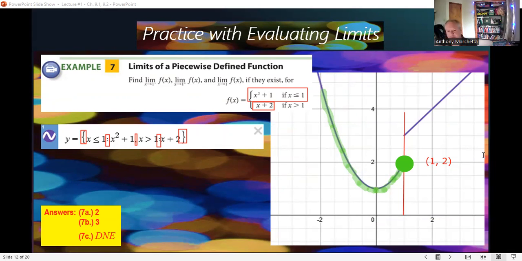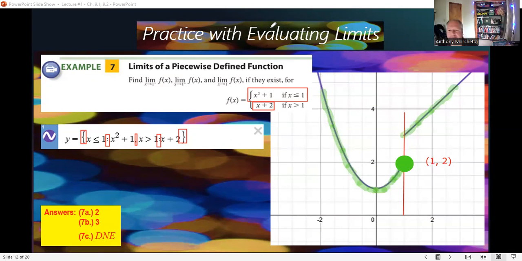Now, let's come in from the right, because they're saying now find the limit as x approaches 1 from the right. So if you're coming from the right, I'm going to get my graffiti out, my spray paint can, and I'm going to start coming from the right. Right now, I'm at x equals 2.5, x equals 2, x equals maybe 1.5, right? And now here I am finally at x equals 1. What is the y value there? What point is that right there?